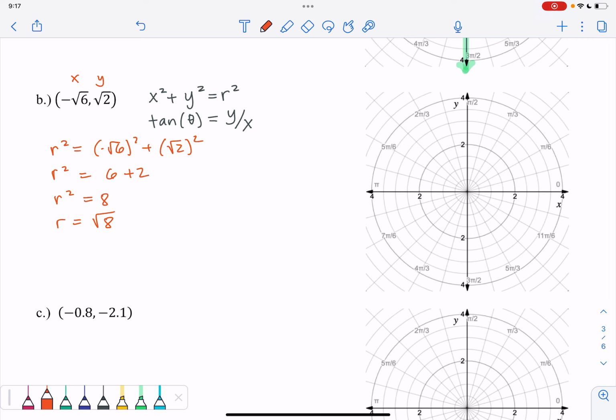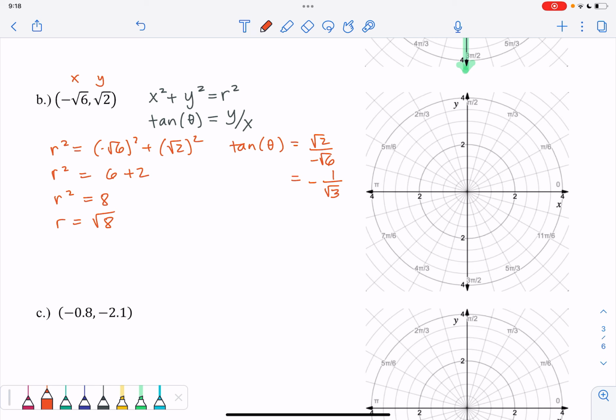All right, what about tangent of theta equals y over x? Well, if I have tangent of theta is √2 over -√6, this is going to simplify to be -1 over √3. And I can think about where that is going to be.